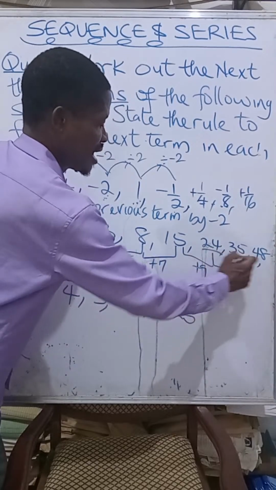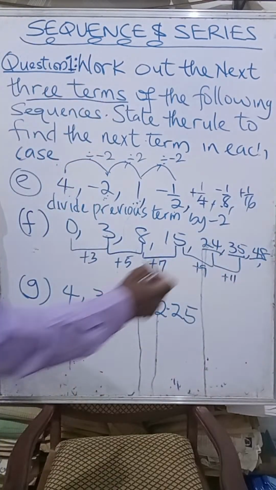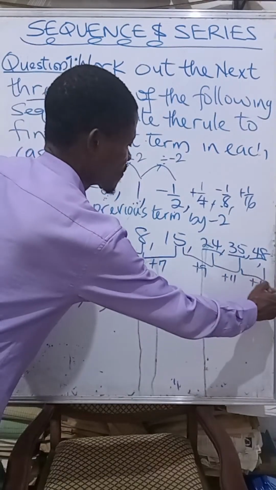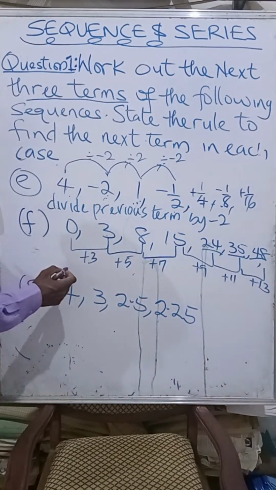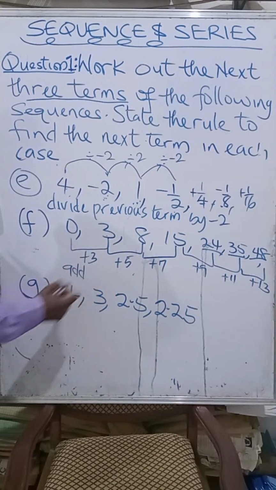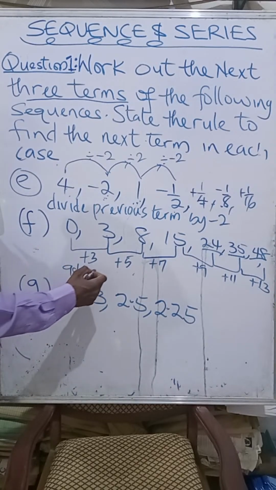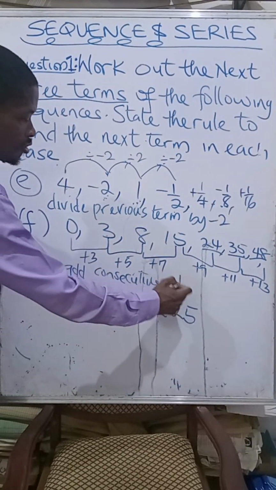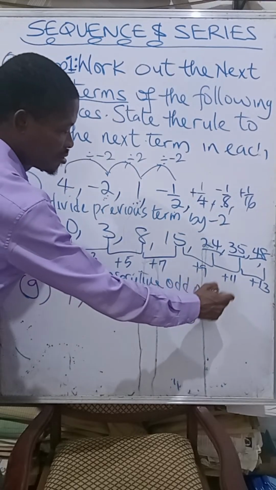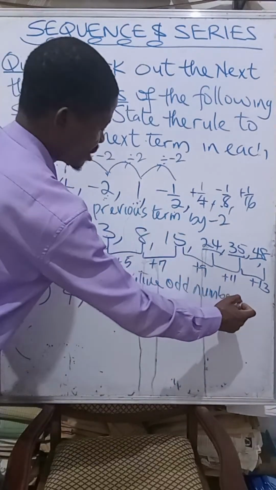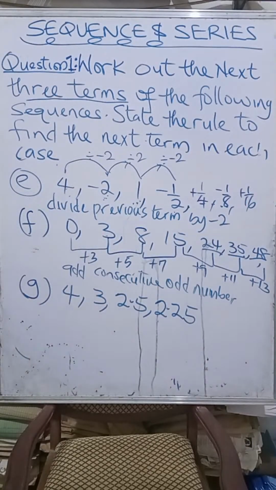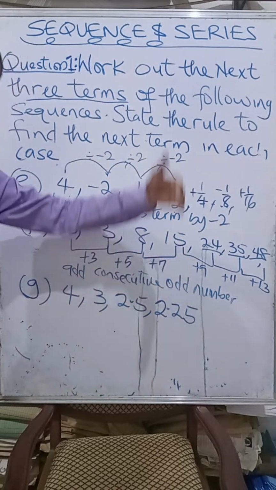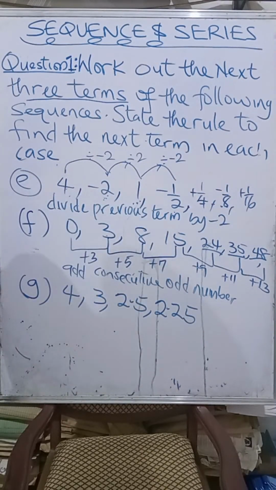So those are the next 3 terms. The rule for that will be: add consecutive odd numbers to the previous term. That's the rule for F.